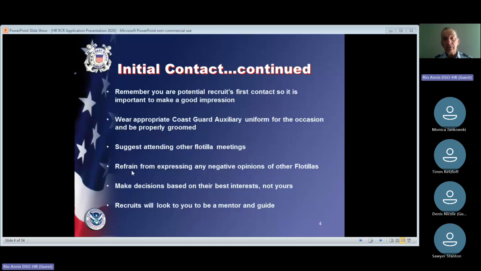But if they join another one, it's still good because they joined the Auxiliary. You may have some negative opinions of another flotilla, but it's best that we don't share that. If we start badmouthing another flotilla, that would leave a bad impression on this potential member. And they always look to us to be the mentor and the guide for the Auxiliary.